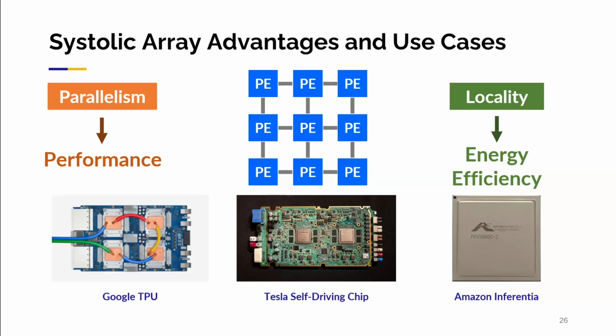As we all know, systolic arrays have been used in multiple industry accelerators, for example, Google TPU, the Tesla self-driving chip and the Amazon Inferentia chip, because they offer parallelism and high energy efficiency, and they are very scalable.